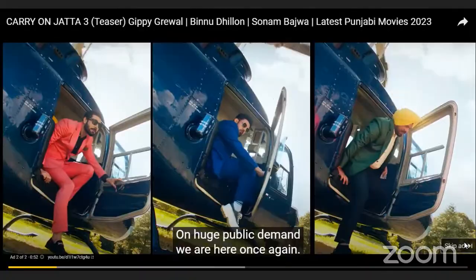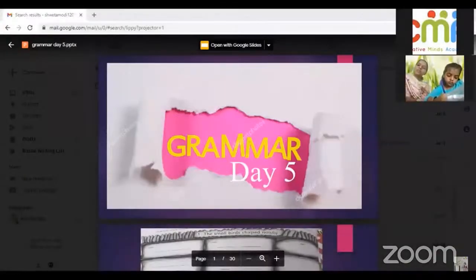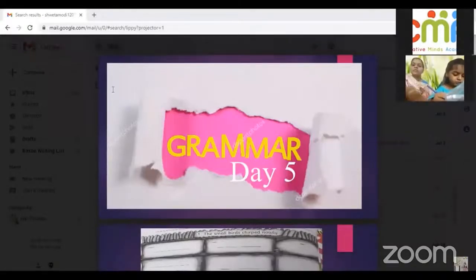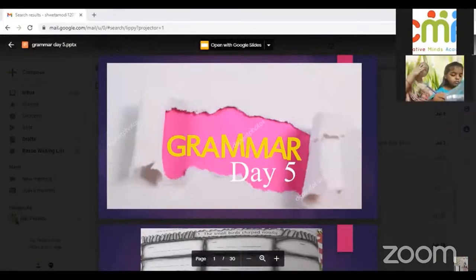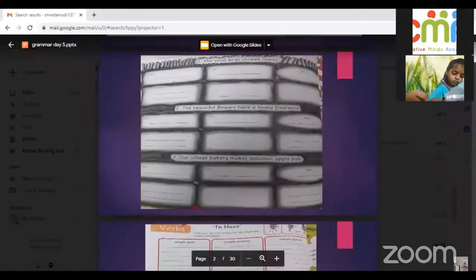Okay, so let's start with day 5, grammar level 5. Now in grammar level 5, you will find sentence walls. What are sentence walls? You will see the words here.